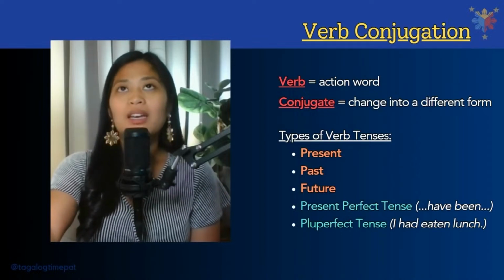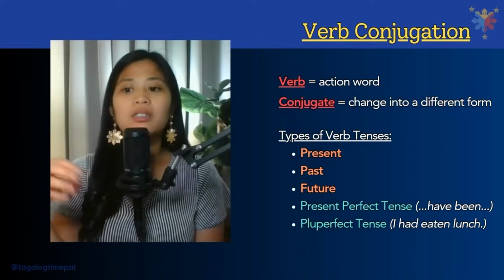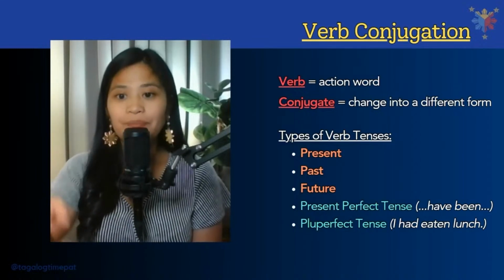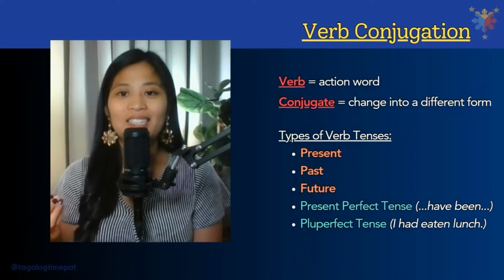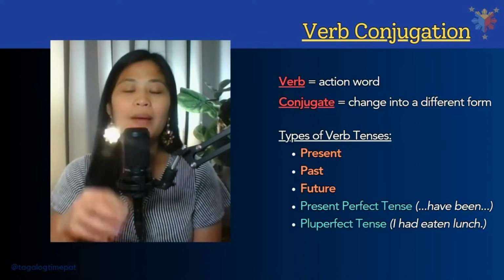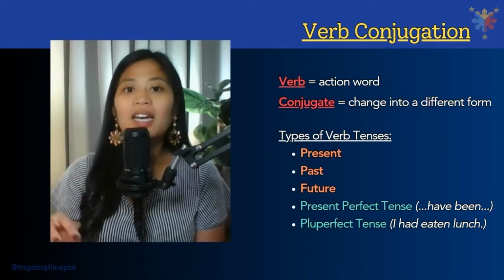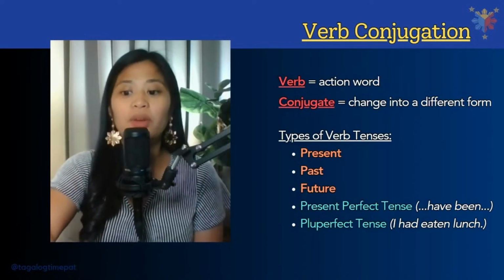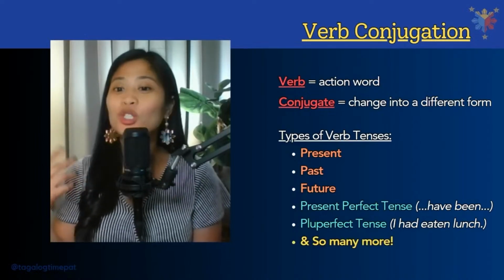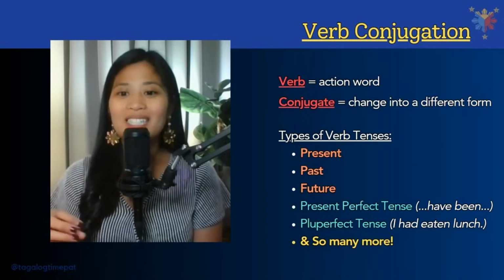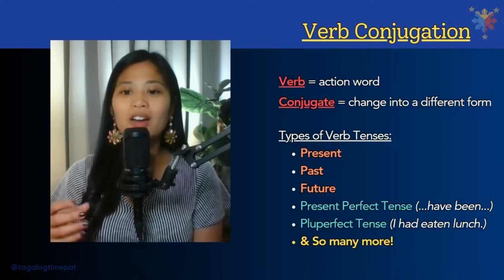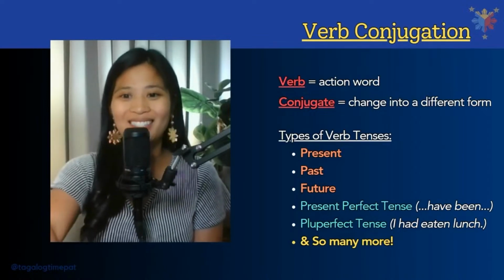So that means something happened in the past, but it's still related to the present. Then there's the pluperfect tense. I had eaten lunch. So that's something that happened in the past. It's done. It happened at a specific moment in time. And then there are just so many more verb tenses out there, especially in English. But in today's class, we will focus on how to conjugate verbs in the present tense.